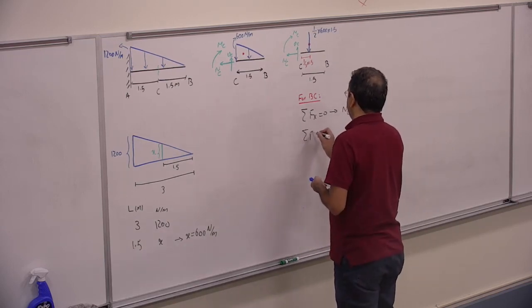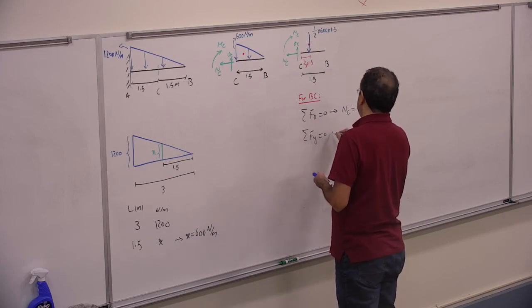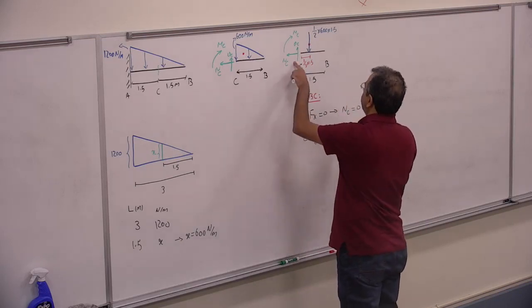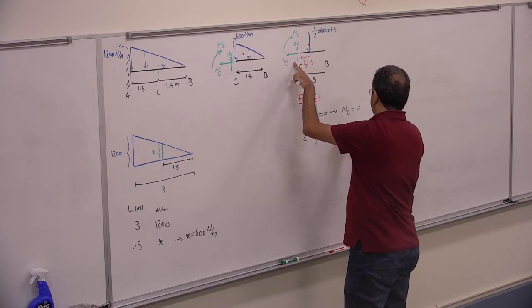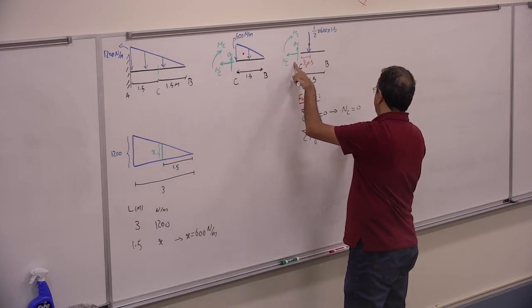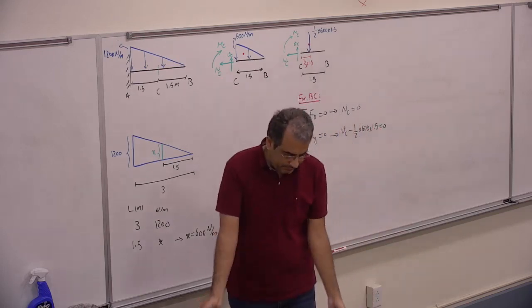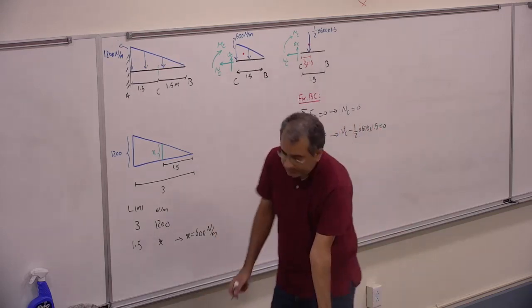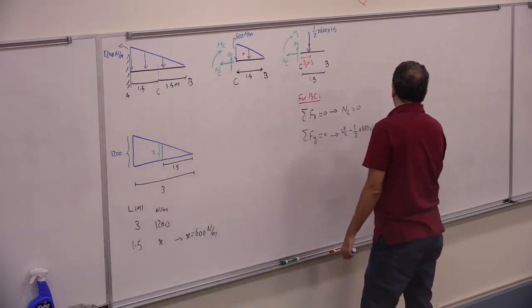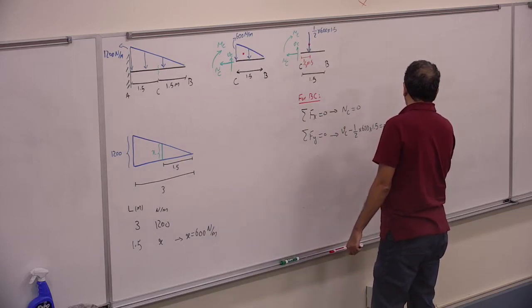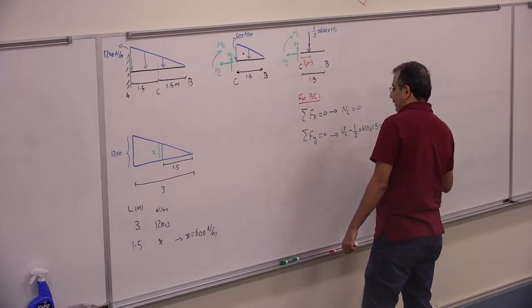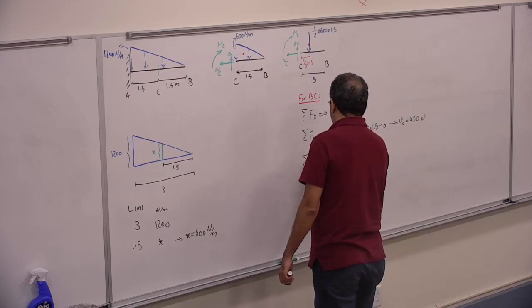If sigma of y is 0, it tells me that VC minus half of 600 times 1.5 would be 0. So it should come to 450. So VC would be 450.